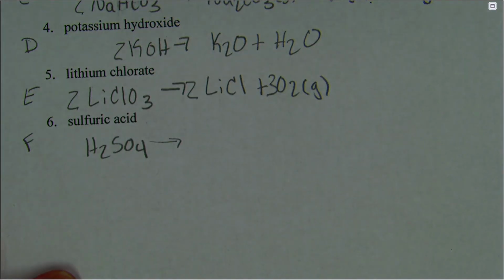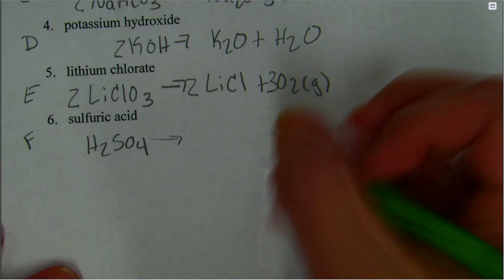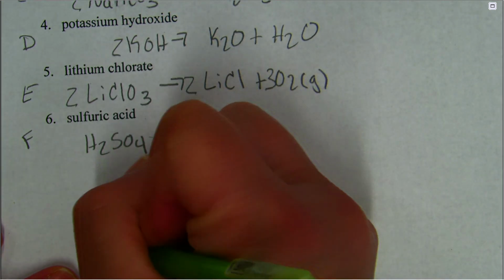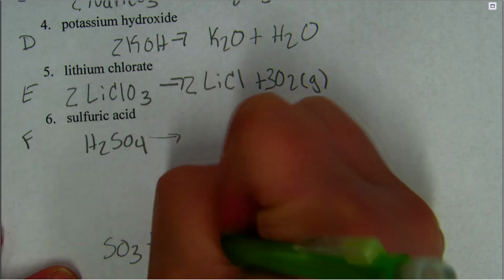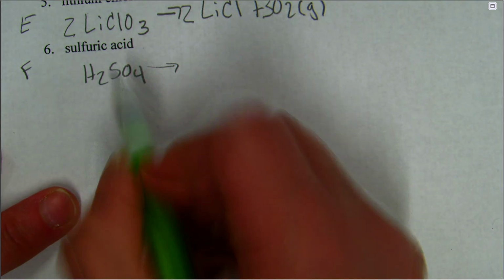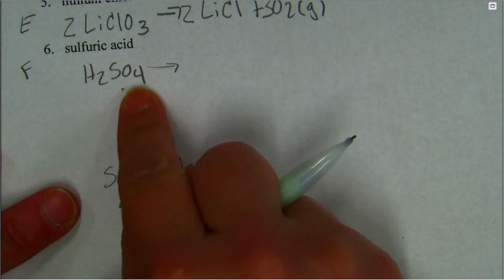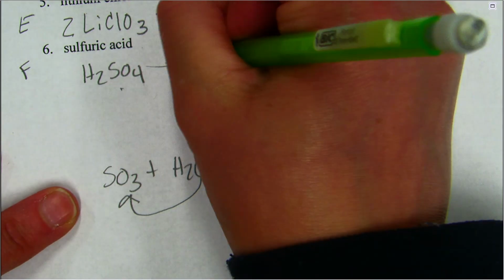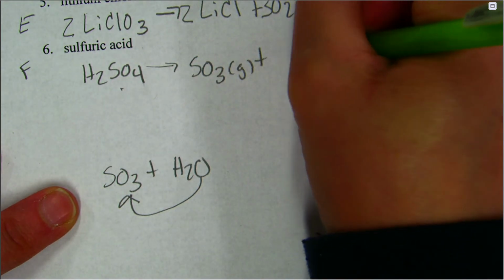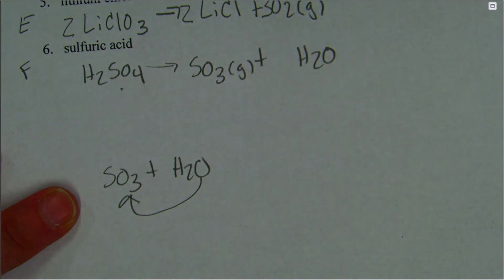In a synthesis reaction, we took this oxygen to make SO4 sulfate. So now we're going to basically remove an oxygen. So if I remove an oxygen, that gives me SO3 plus water. Okay, so there we go.